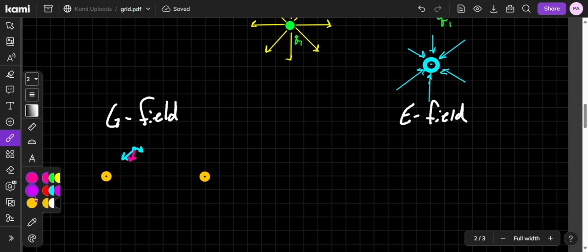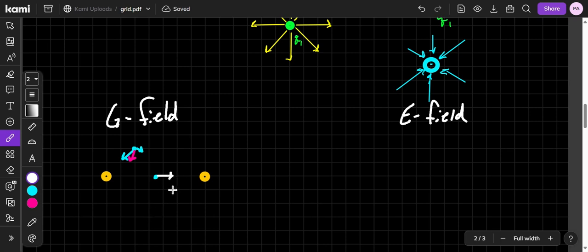What would happen to this object if it was right here? Yeah, it's supposed to be dead center in between them. What would the free body diagram look like on this? Well, this mass is going to pull it in what direction?